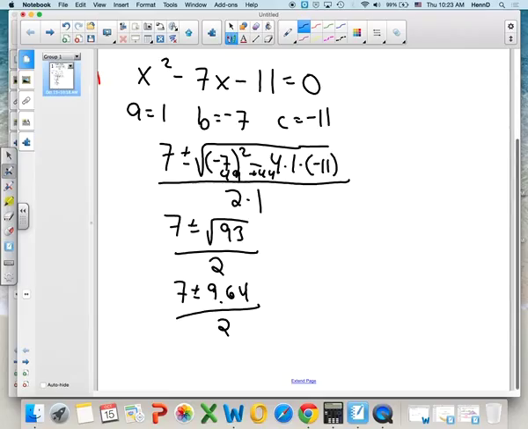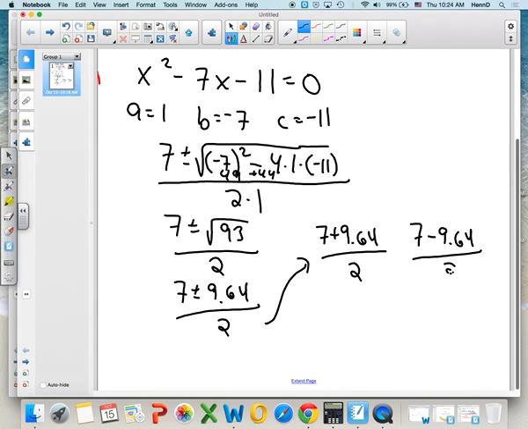Then you split this up into 2 parts. The plus or minus sign means you're first going to do plus, and then you're going to do minus. So I'll continue this over here. It's 7 plus 9.64 divided by 2, and 7 minus 9.64 divided by 2.